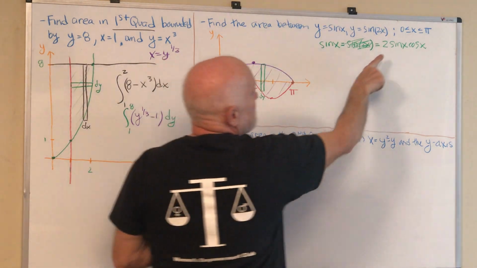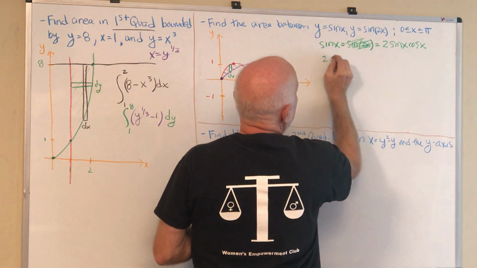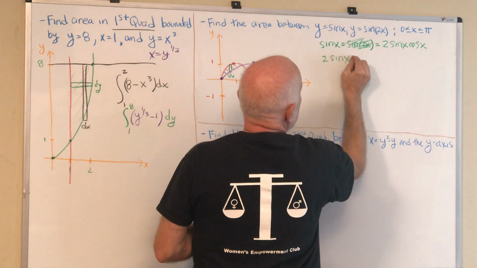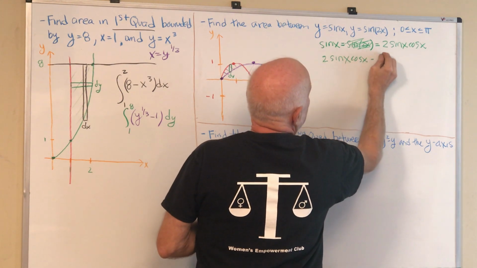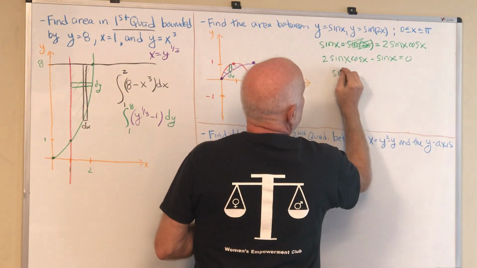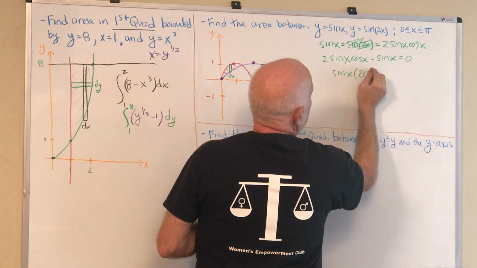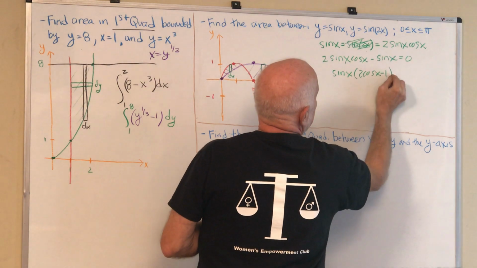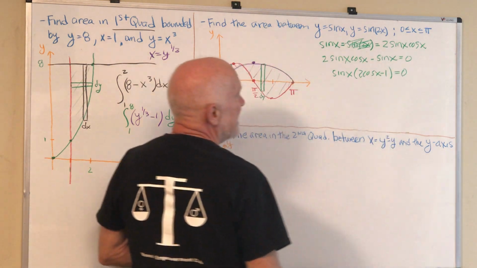And now, if I put these on the same side of the equation, I can factor out a sine of x. And where are they going to intersect?